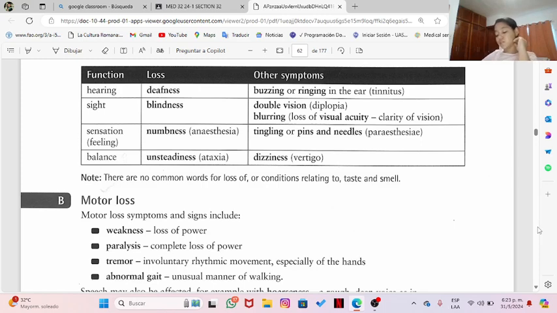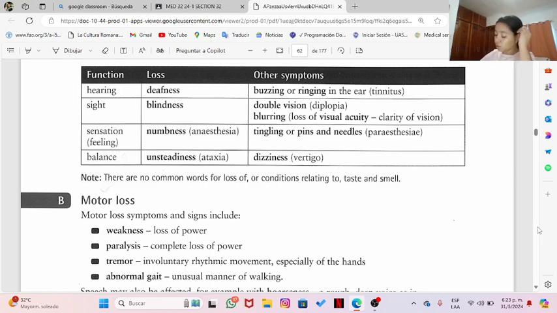Function: sensation, feeling. Loss: numbness, anesthesia. Other symptoms: tingling or pins and needles, paresthesia.